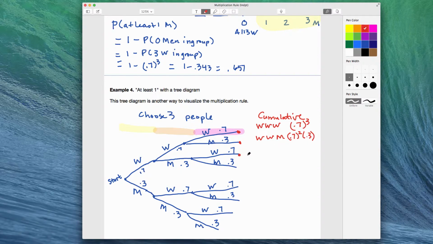So this third branch here, woman, man, woman. So woman, man, woman happens to be in the same order, frontwards and backwards. 0.7 times 0.3 and then times another 0.7. And then I just keep on going until I have all of these possibilities for the orderings of 3 people.